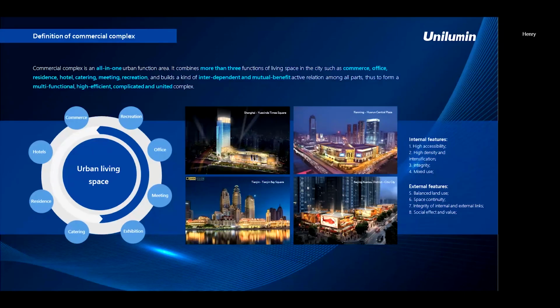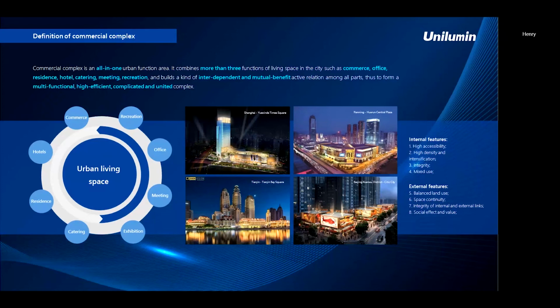A commercial complex is an all-in-one urban function area. It combines more than 3 functions of living space in the city, such as commerce, office, residence, hotel, catering, meeting, and recreation, and builds an internally dependent and mutually beneficial active relation among all parts, thus forming a multifunctional, high-efficient, complicated, and united complex.